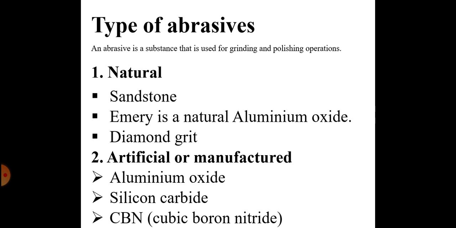And artificial or manufactured abrasives are aluminum oxide, silicon carbide, or CBN. CBN means cubic boron nitride. This is the first parameter, the type of abrasive.